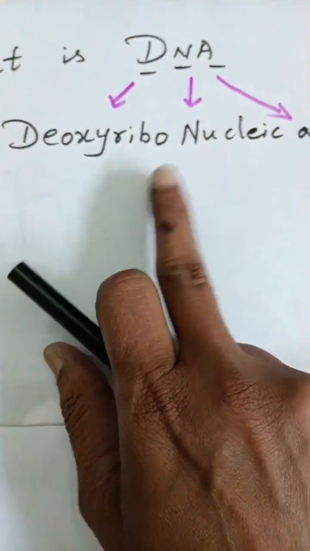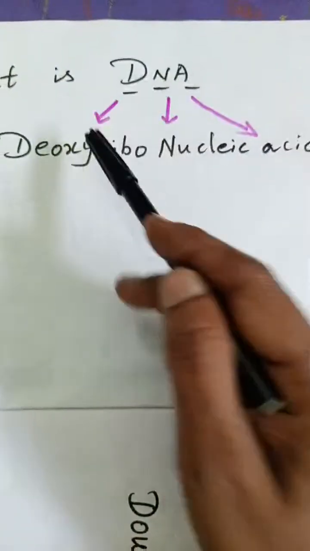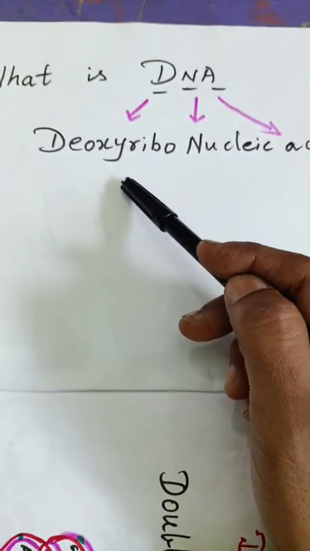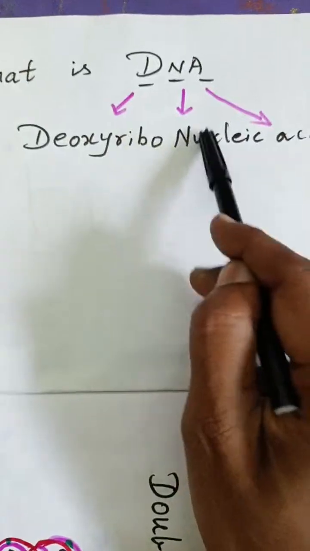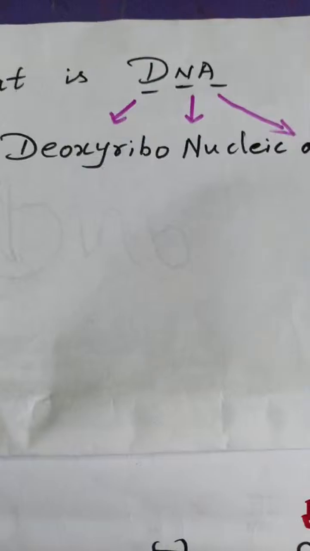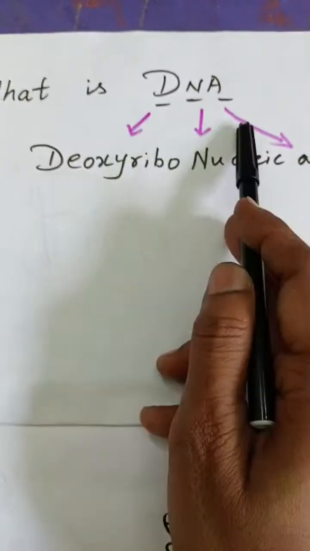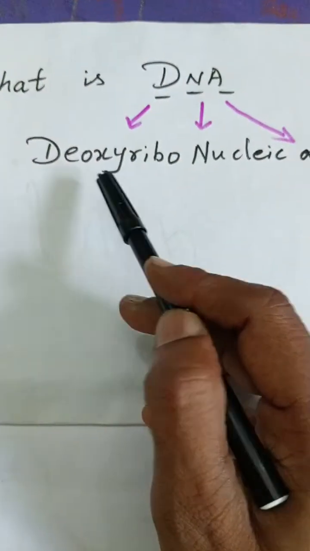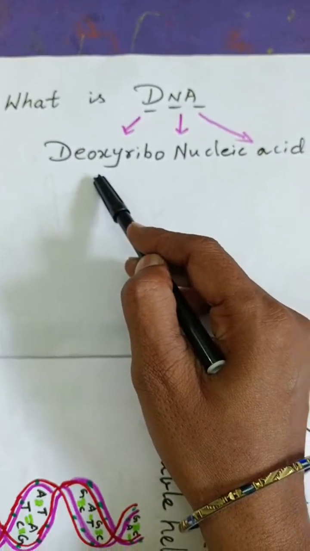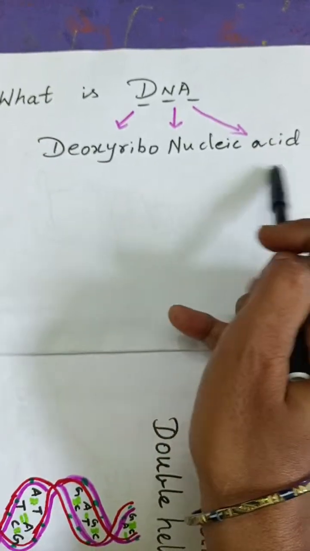There is another nucleic acid in all living cells, known as ribonucleic acid, in which the oxygen will be there. In this DNA, there won't be any oxygen in the second position of the structure. Is that clear? That's why it is called deoxyribonucleic acid.